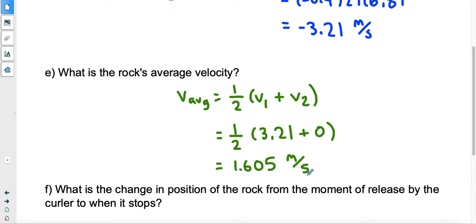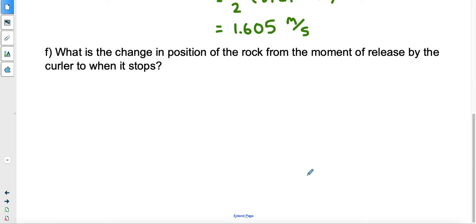Last part, part F. What is the change in position of the rock from the moment of release by the curler to when it stops? Again, let's look at what we're given here. We know the initial velocity already is 3.21 meters per second.